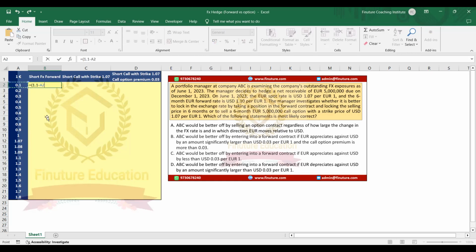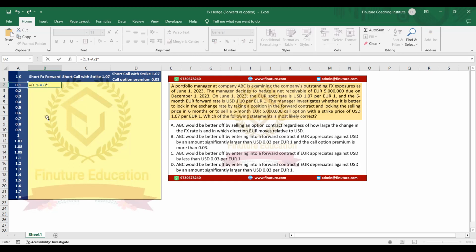And say the spot price at that time, at maturity on December 1, 2023, hypothetically goes down to €1 equal to $0.1. It has depreciated drastically. So what is the profit from your forward? Because you are selling at a higher rate and the market has gone down. So if you have hedged your position using a forward, you will have a good amount of gain.